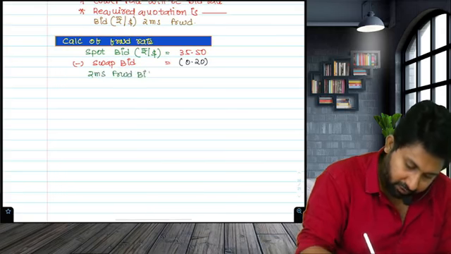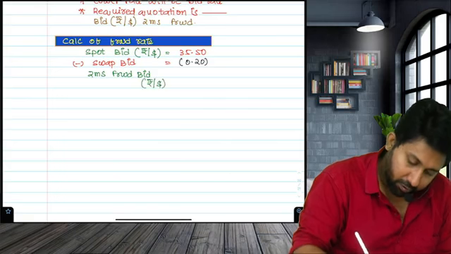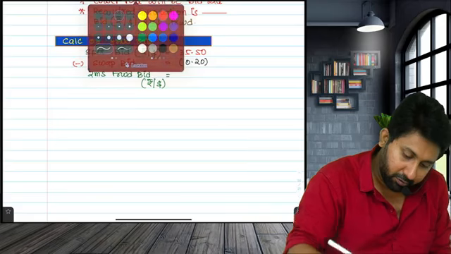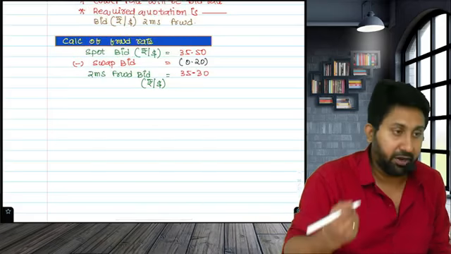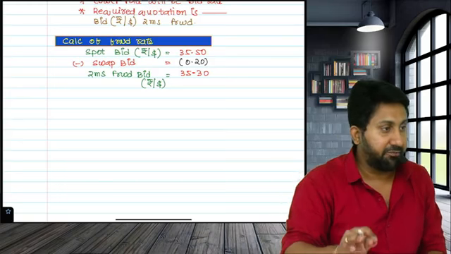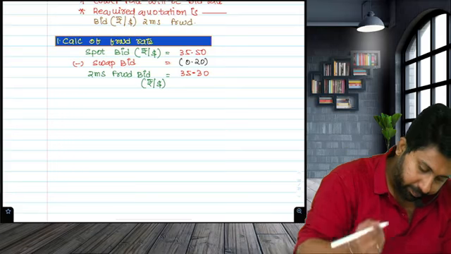Two months forward bid of rupee by dollar equals 35.30. This is the forward rate. Next.